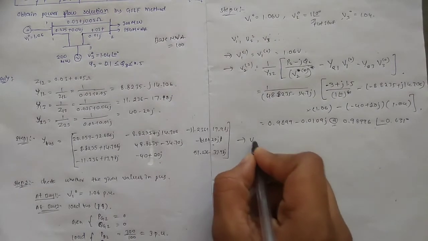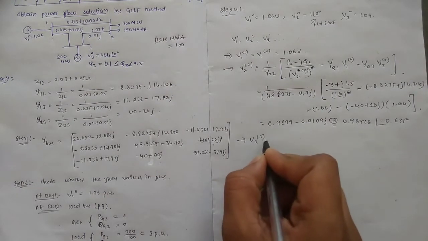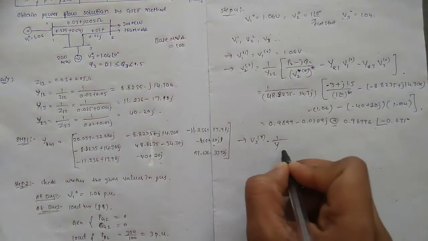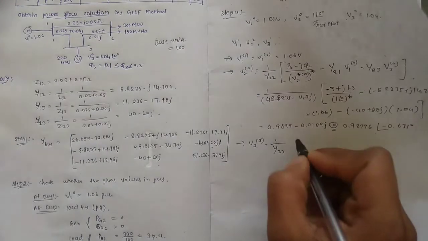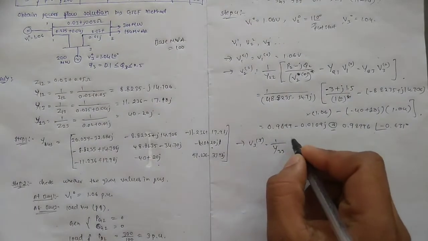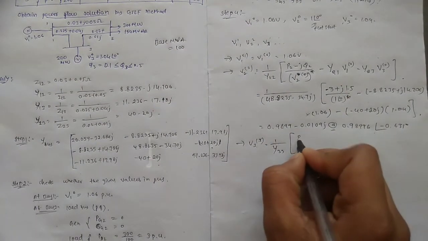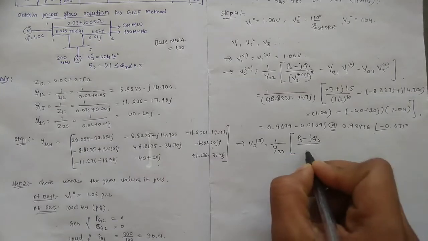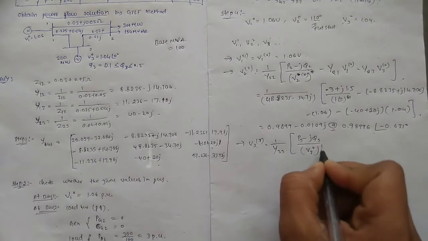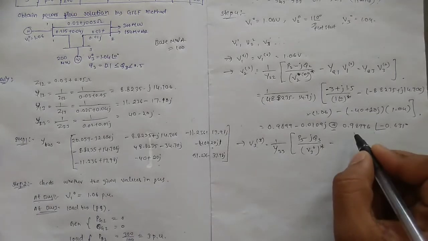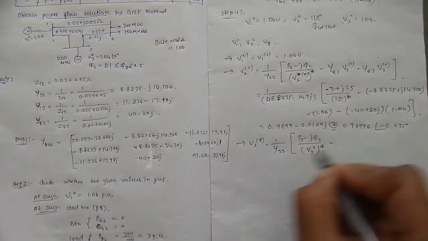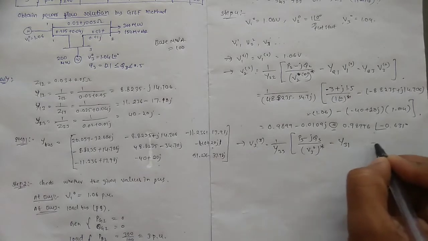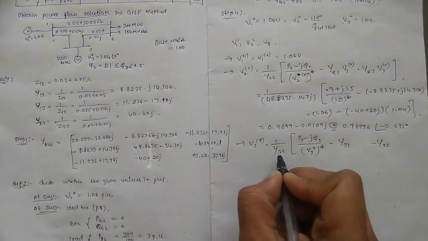Now we need to find V3(1), that is 1 by Y33, since we are at bus 3, in the bracket P3 minus jQ3 divided by V3(0) whole complex conjugate, minus, and now since we are at bus 3, write the bus 3 elements, Y31, Y32, Y33 already there.